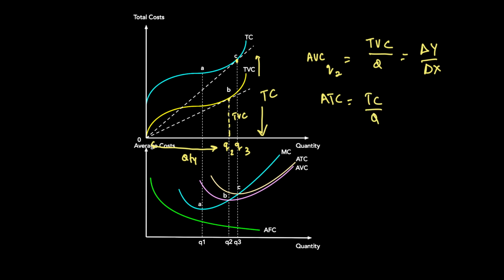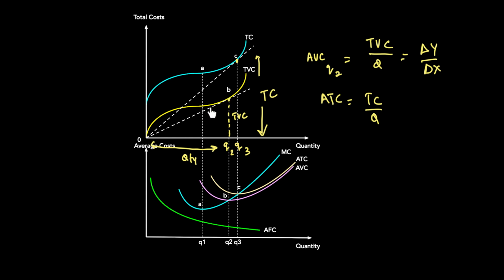So this information is pretty useful because from this graph I can figure out all the points where MC, ATC and AVC are minimum. For example, point A, where the TC starts to rise at a faster rate, is where my marginal cost is minimum.